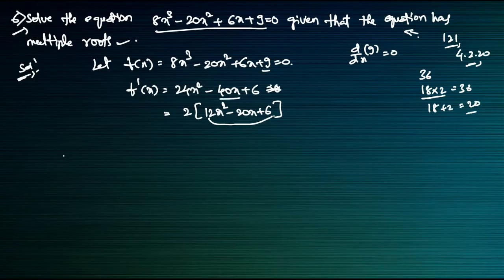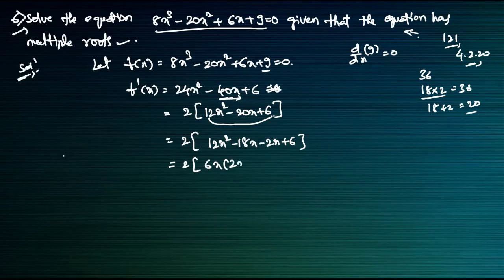So 2 into 12x square minus 18x minus 2x plus 6. Then I take 6x common: 6x into 2x minus 3, and minus 1 common: 2x minus 3.